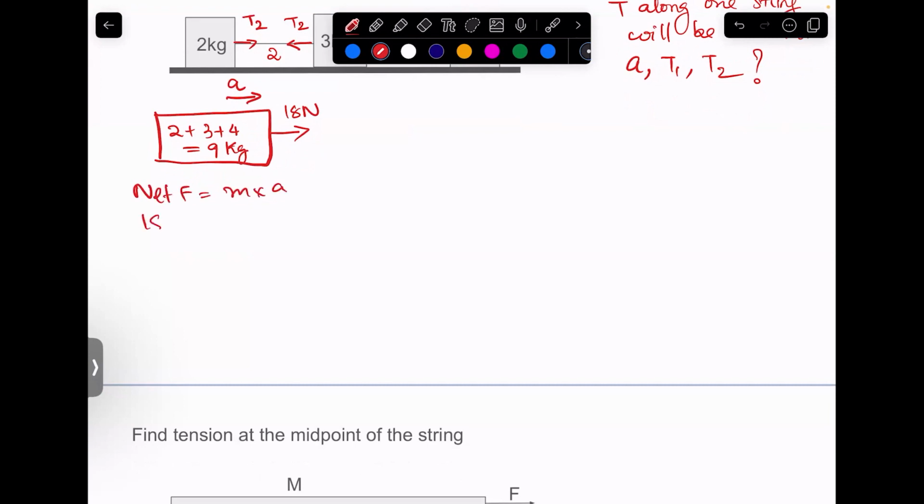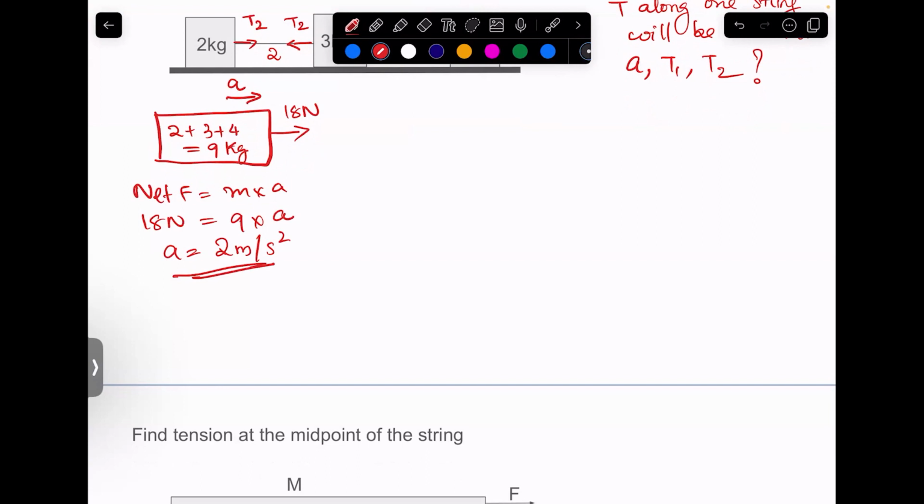Net force is 18 Newton, mass is 9 kg and acceleration is A. So A equal to 18 by 9, that is equal to 2 meter per second square. So you found the acceleration.